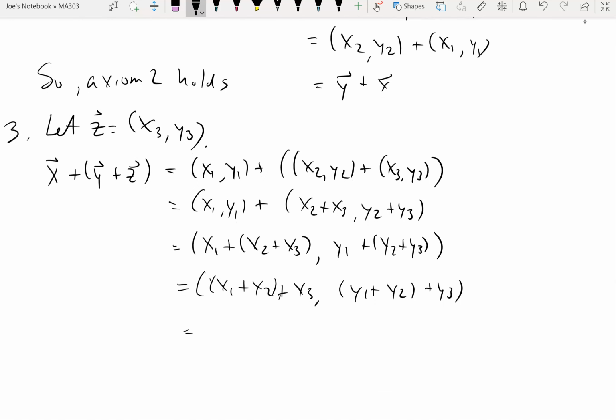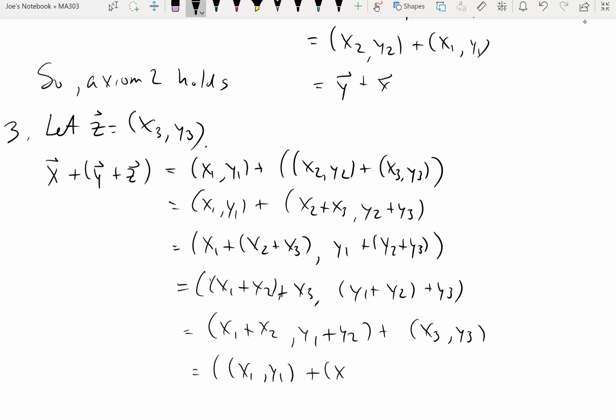And then we can start to split things back apart, just like we did in the previous one. Oops. No, what's the problem? So all I'm doing now is just pulling things back apart.